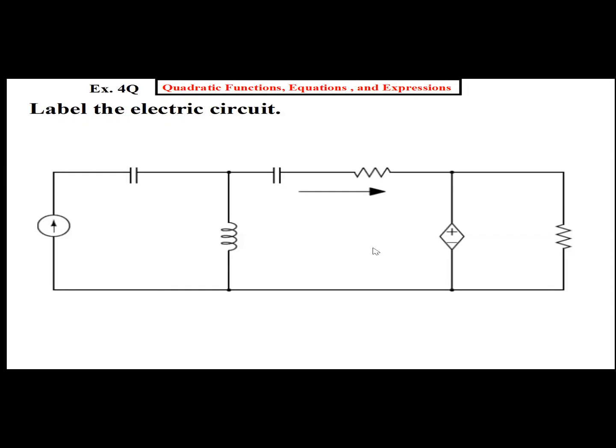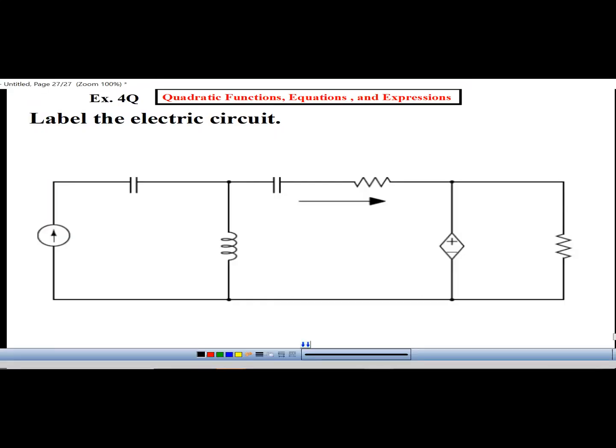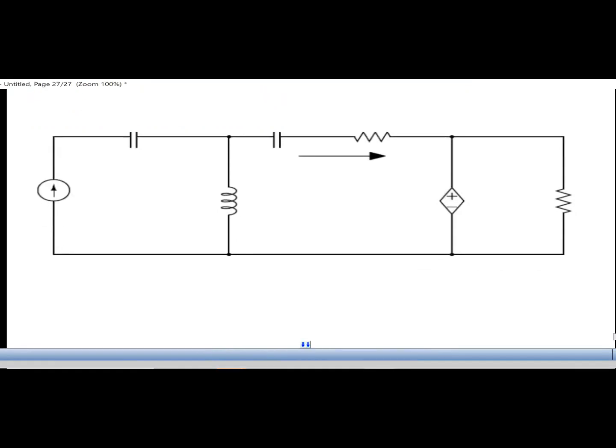All right, let's see where we're at. Example 4Q, it says label the electric circuit. You should have sketched this diagram, and basically it's a big rectangle. And this part is voltage.